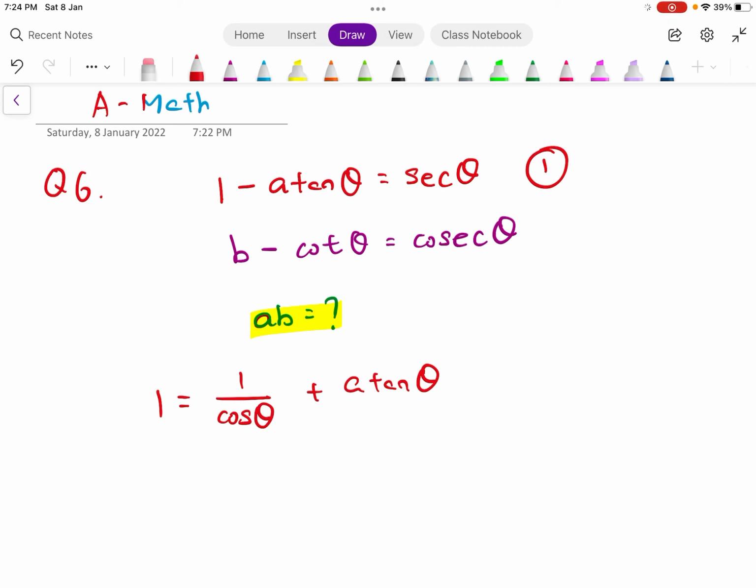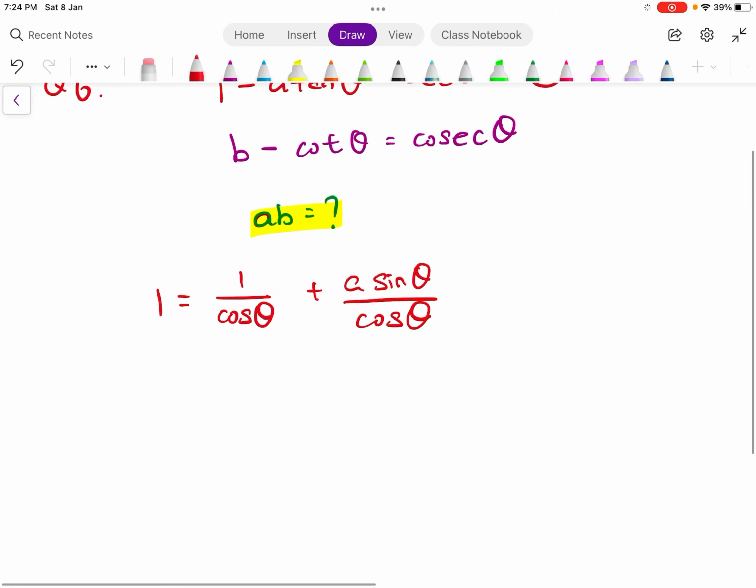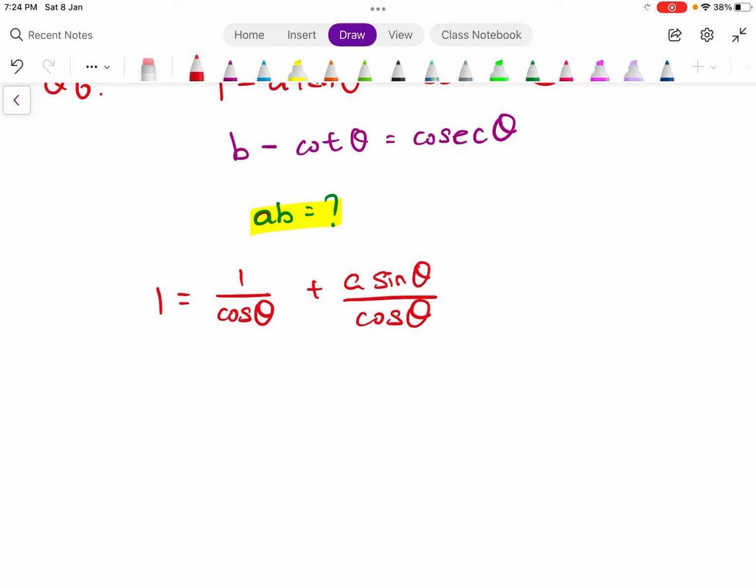Then for the A tangent theta, it is sine over cosine, because tangent is sine over cosine. So now I change it, over cosine theta. Now you can see that my denominator is the same, so I will combine them: 1 plus A sine theta over cosine theta.